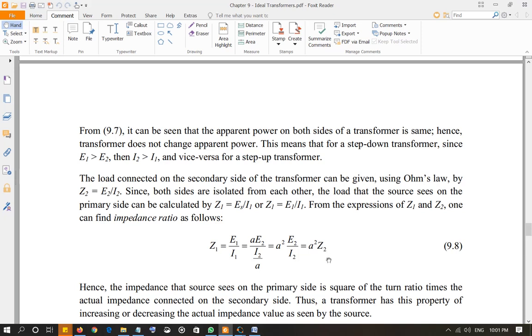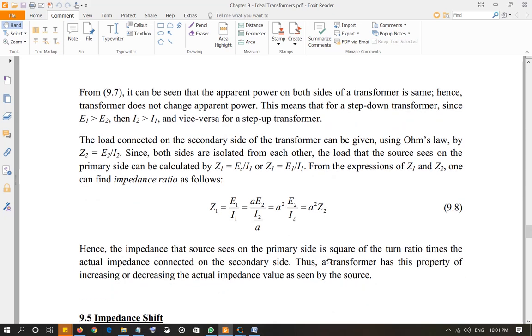And this is an extremely important property, because as I mentioned in the first lecture, if you have some load that you want to connect, but you don't have the actual value of the load, but you can tweak the turn ratio of the transformer so that A squared times the value equals what you are planning to connect, then you can still achieve your goal.